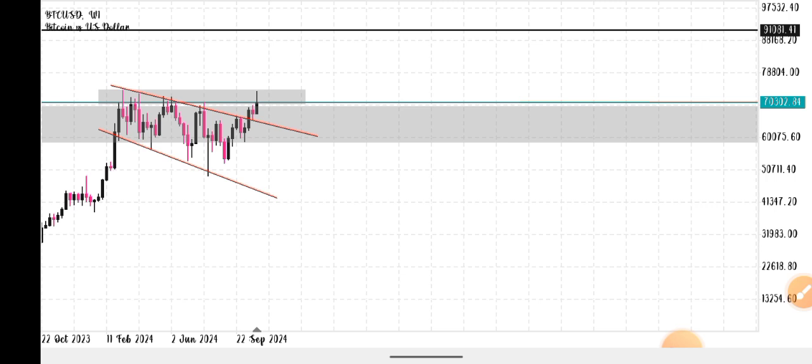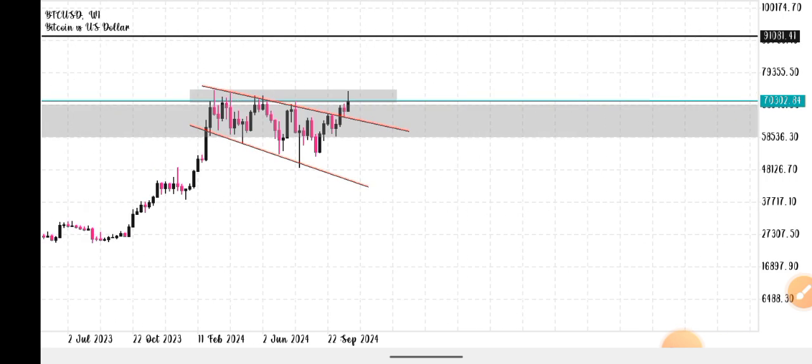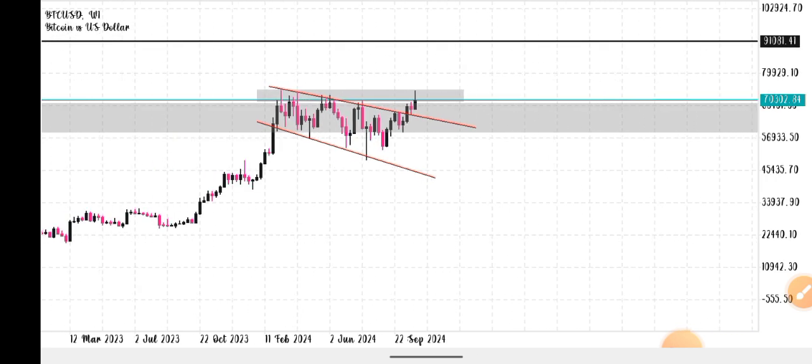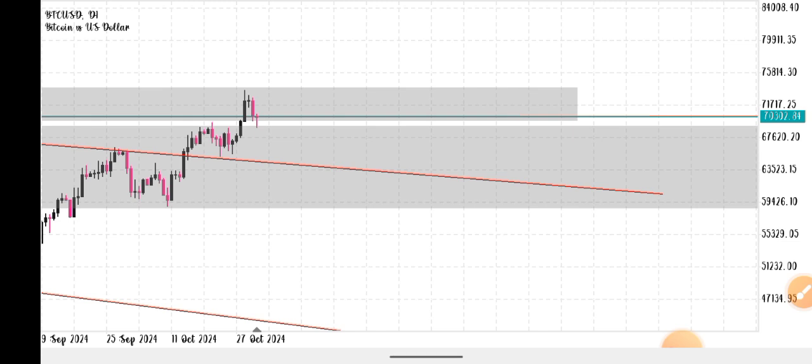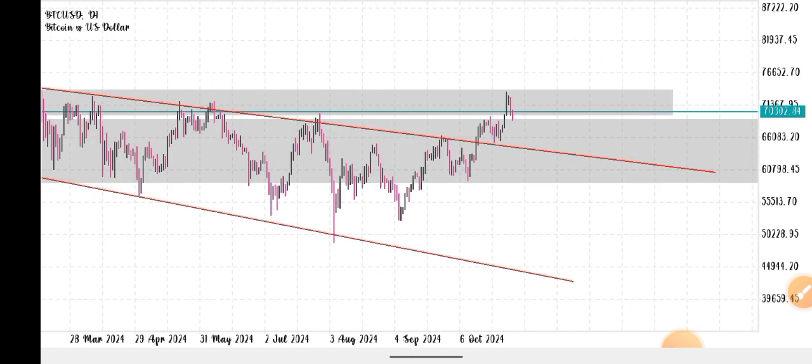But then we cannot just enter the market and start buying to 91,000. So we're going to be taking this analysis one after the other by switching through time frames so that we can be able to know what we're doing. Okay, so now I'm going to go to the daily time frame. Right, so on our daily time frame, guys, this is what we have.